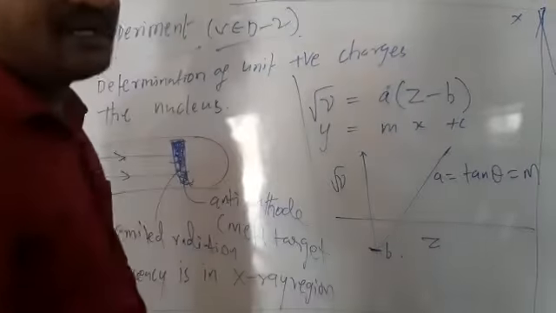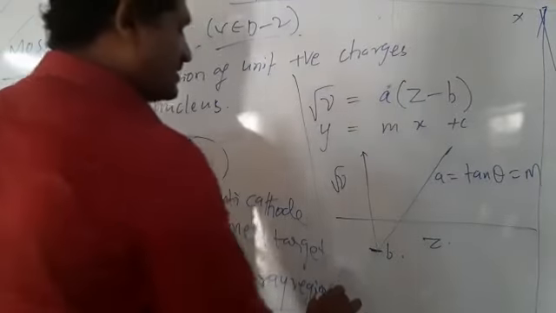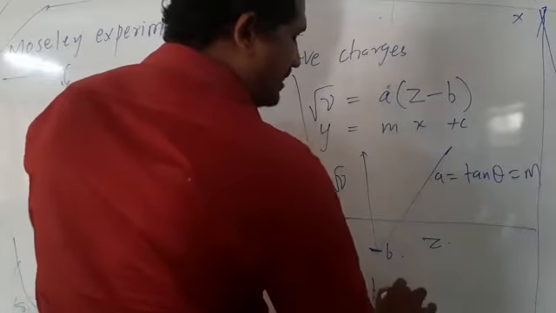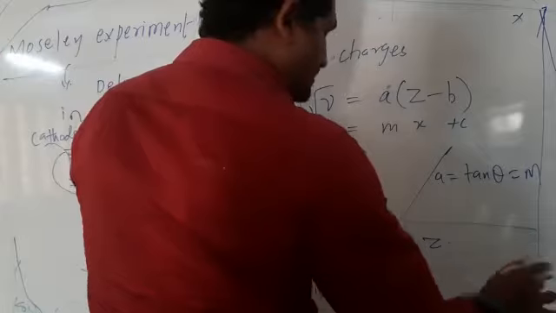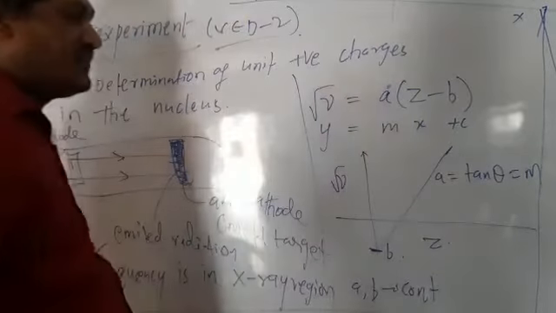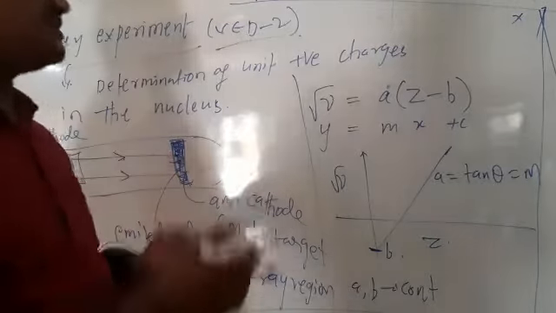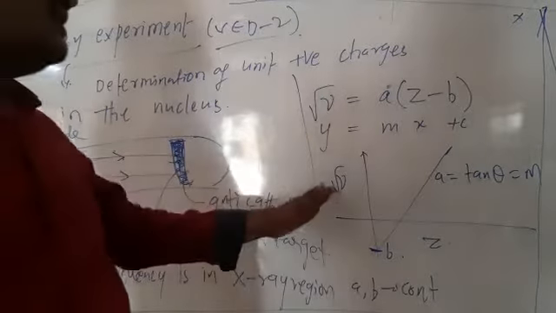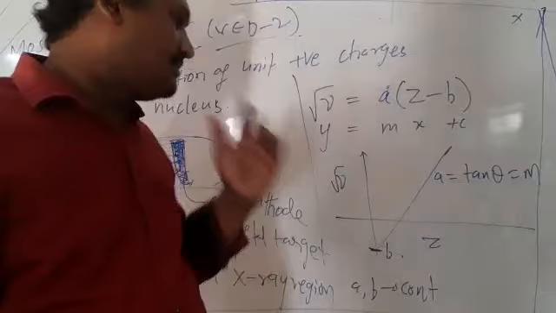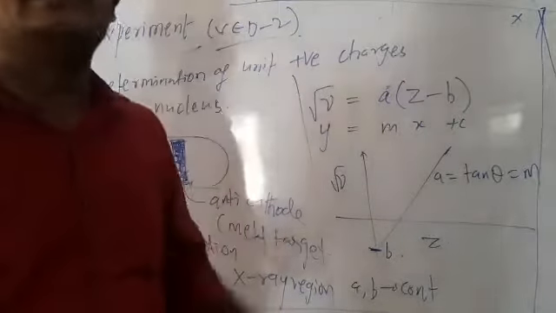Here a and b are constant values, constants for various elements. So nu is the frequency and Z is the atomic number.